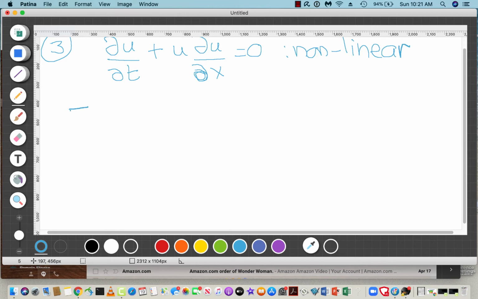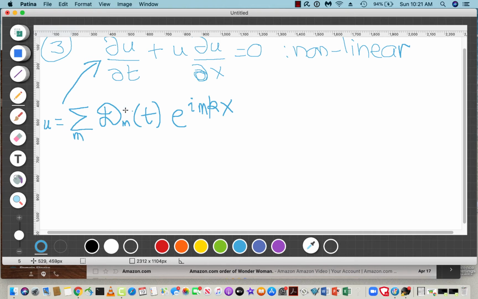And so we'll assume the usual sum of d sub m of t e to the i m k x over little m, and of course u is equal to this, and we'll worry about the finite m's in a few moments. So if we substitute this into the first term, then we come out with the time derivatives of the expansion coefficients. But if we substitute this into the second term, we get a giant mess.